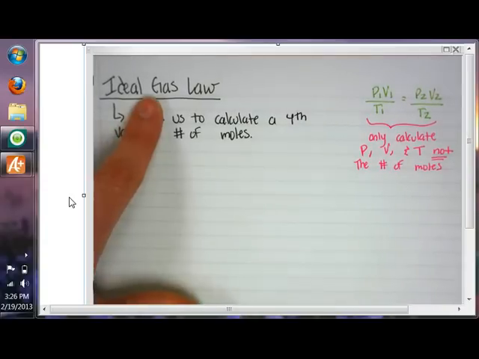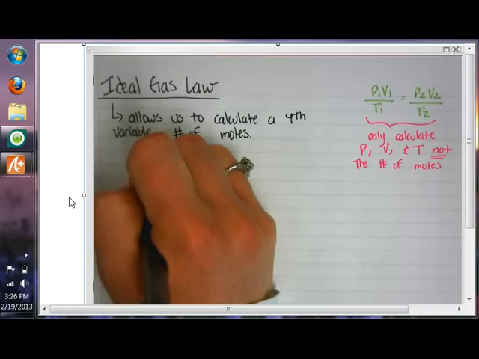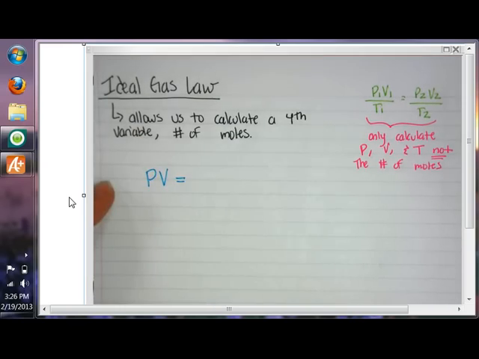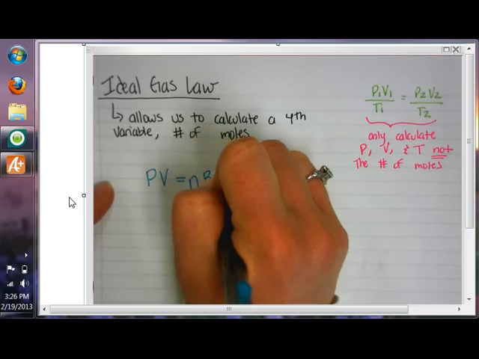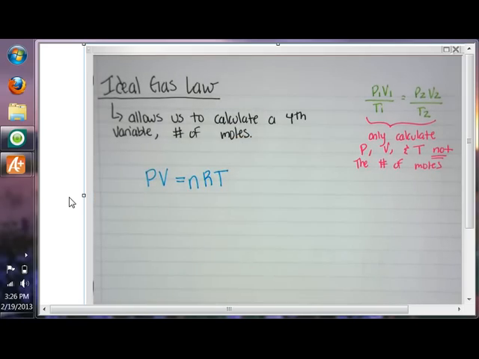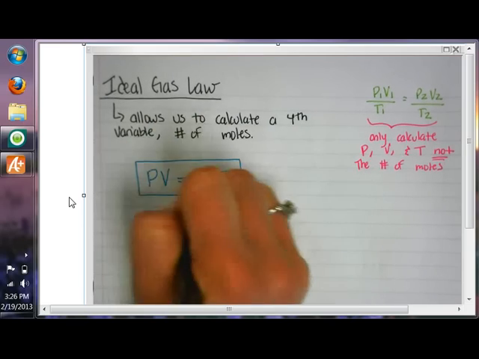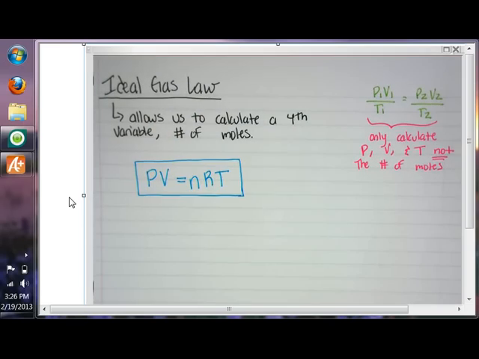So the formula for the ideal gas law is PV equals nRT, with a lowercase n. I'm going to put a box around that because I like to put boxes around our formulas.